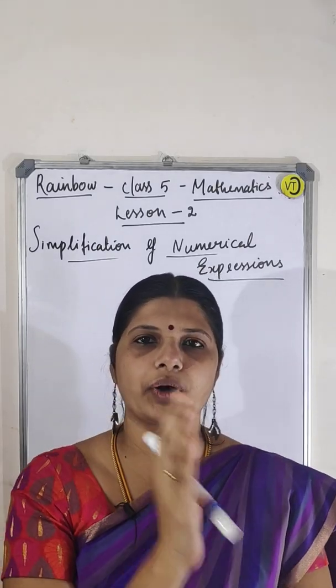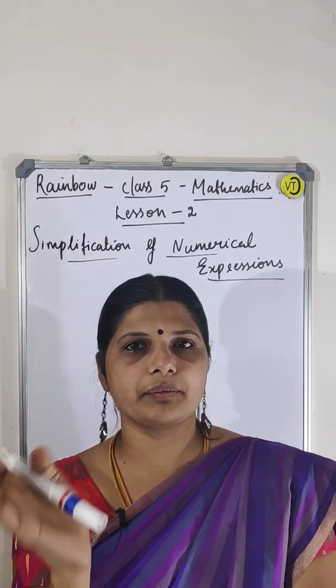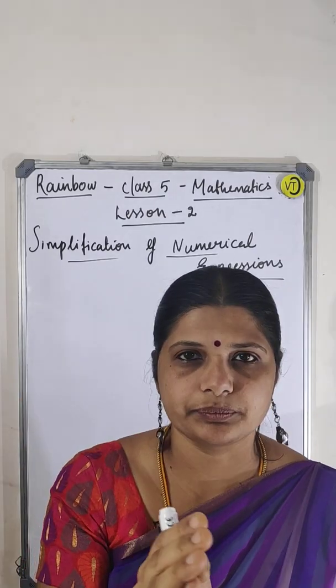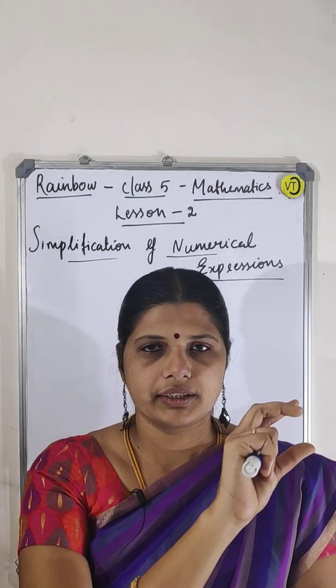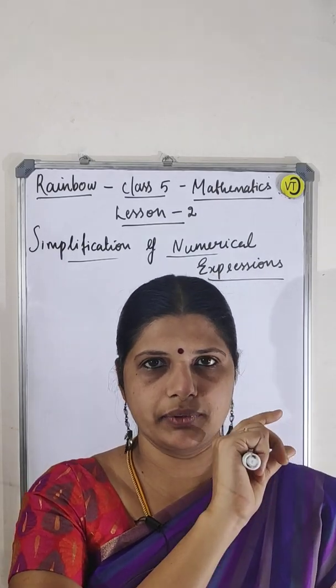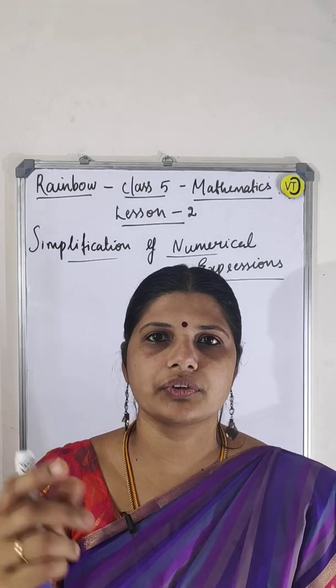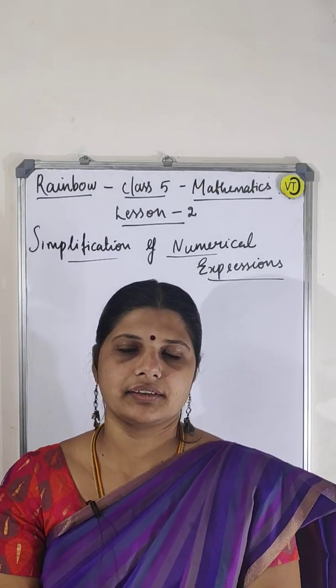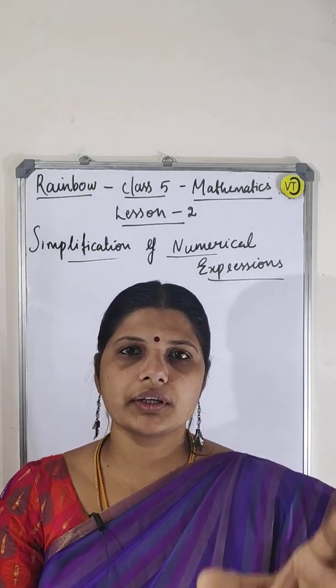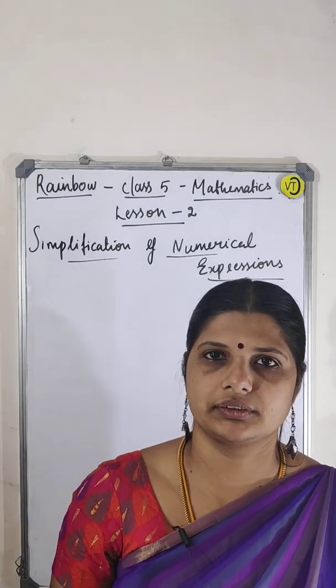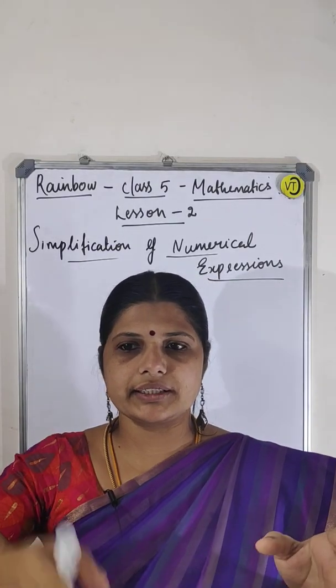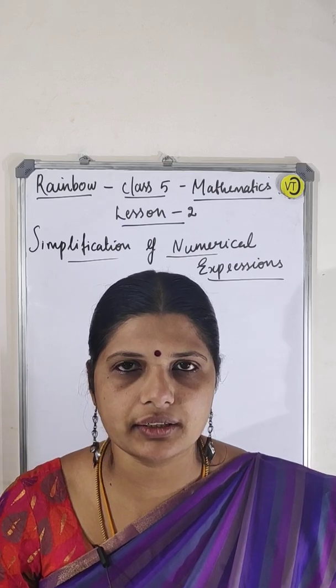An expression is like 12 plus 5 minus 7 divided by 2. In the same expression, there will be different types of operations inside. So I am going to tell you how to do it. Plus, minus, division, multiplication are there.